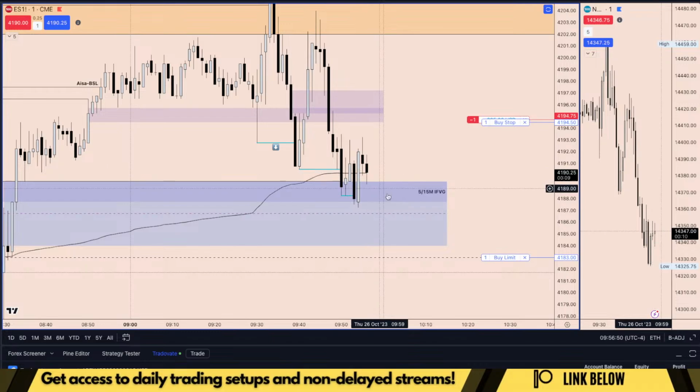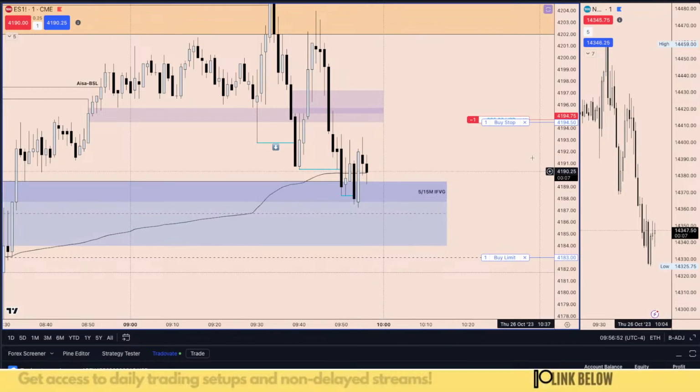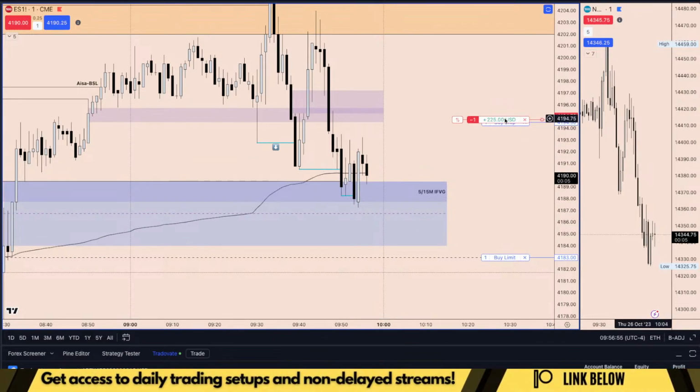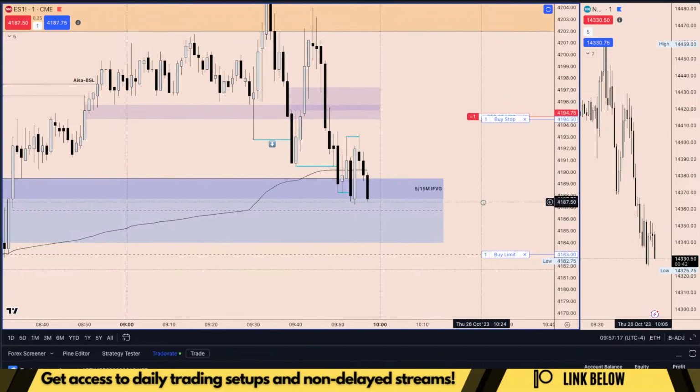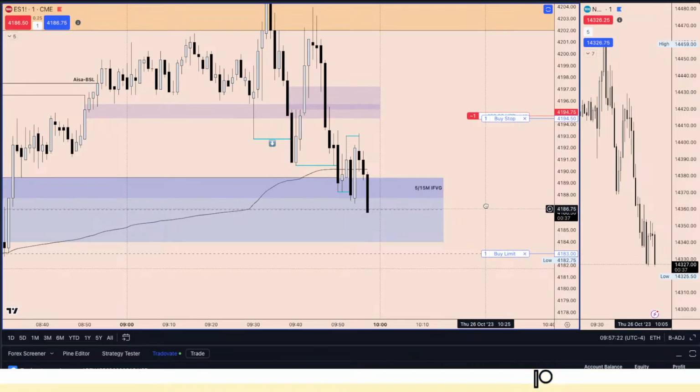It is 9:56. Close back below the VWAP. Took a short-term high right here. There we go.